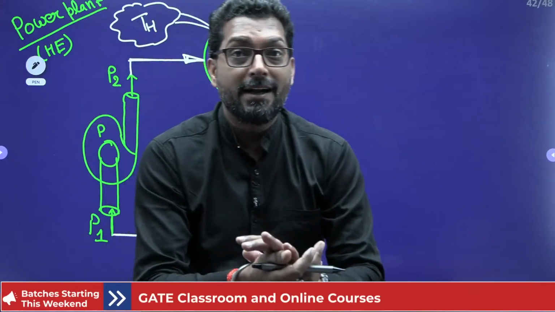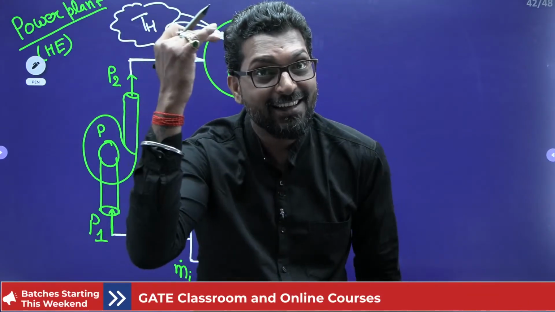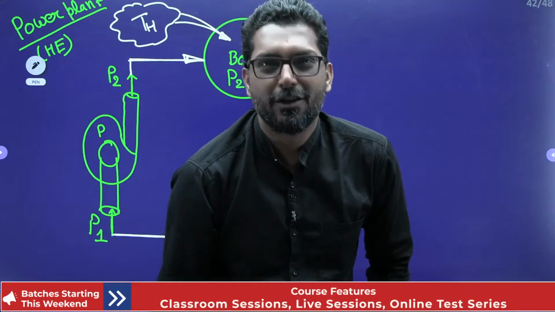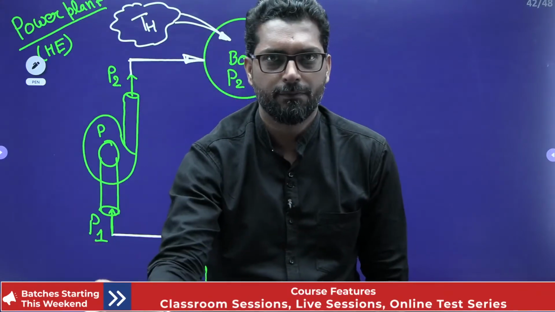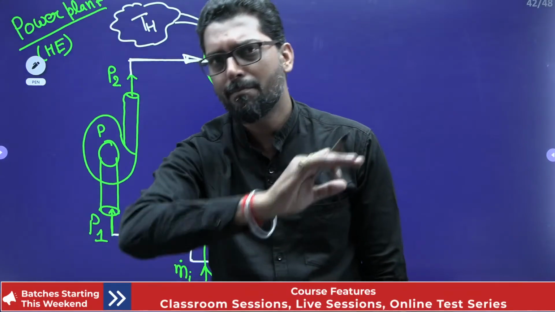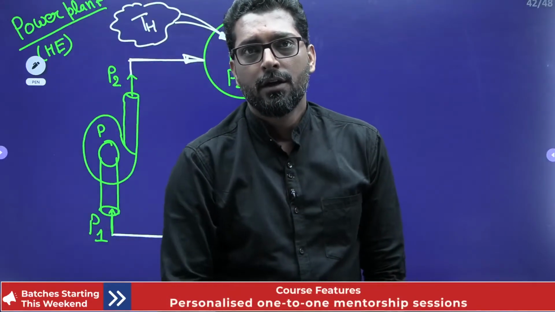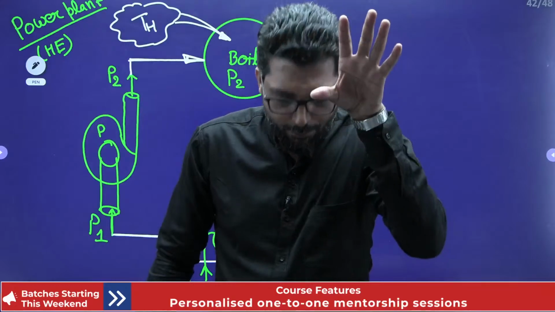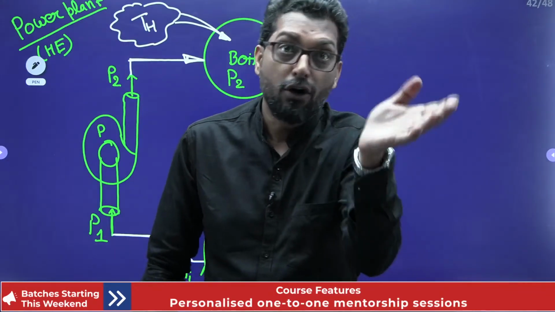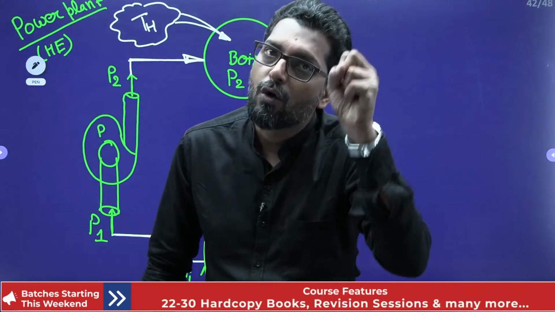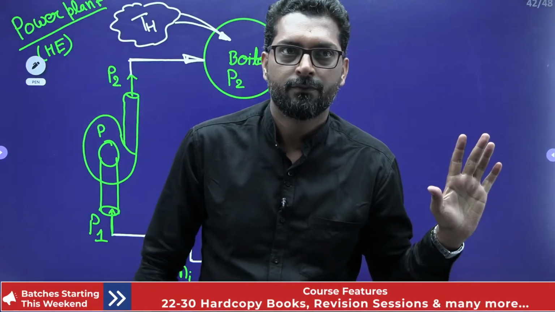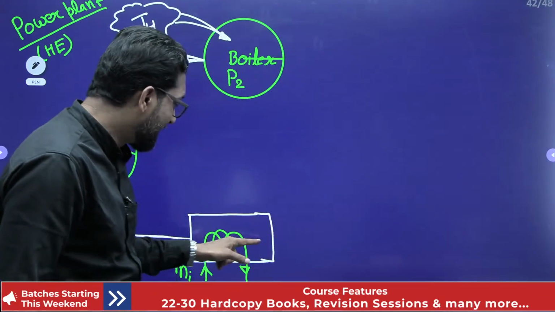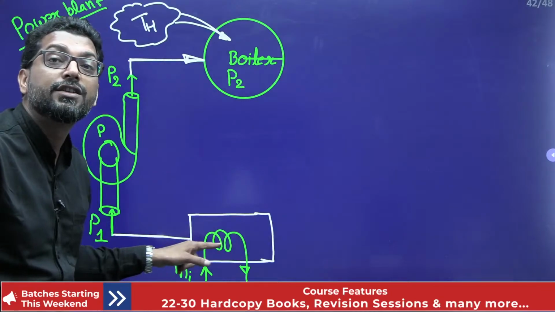Throughout a power plant, where will the heat be exchanged? Approximately at constant pressure. In most power plants, power producing or power absorbing is not always, but there is a constant pressure process. So in the condenser, the pressure doesn't change.